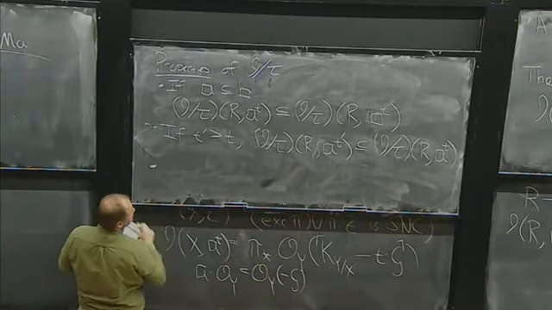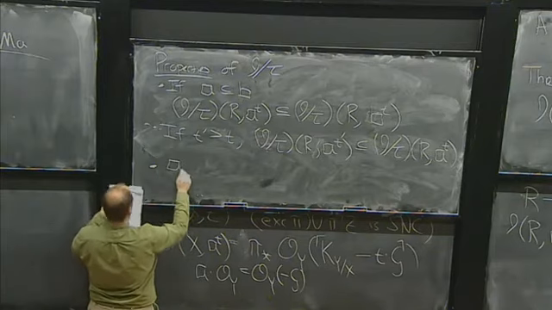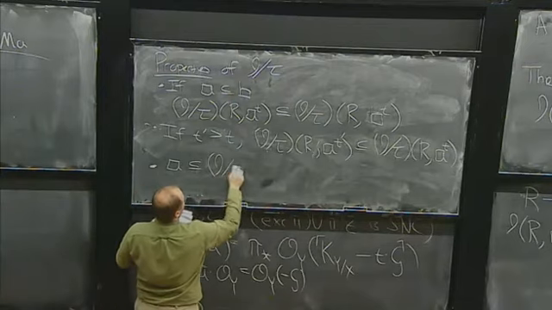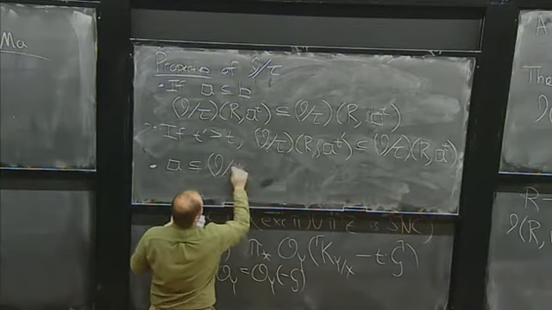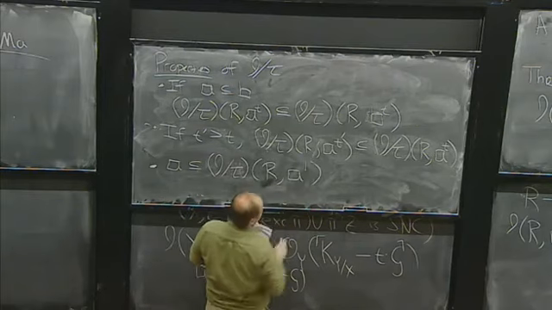Here's also one that's pretty easy to see from the definition. A is actually contained inside the multiplier ideal or test ideal of R, A to the 1.